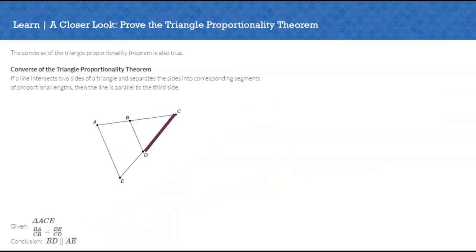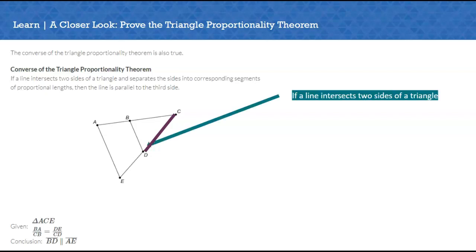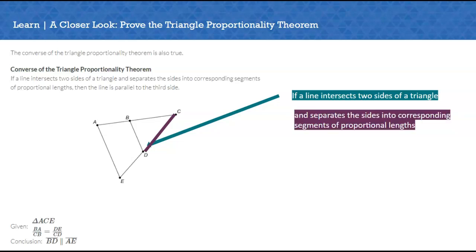The converse of that statement, meaning that we're going to go ahead and flip that, says that if a line intersects two sides of a triangle and separates the sides into corresponding segments of proportional length, then the line is parallel to the third side.